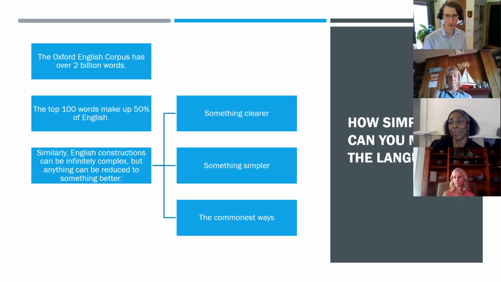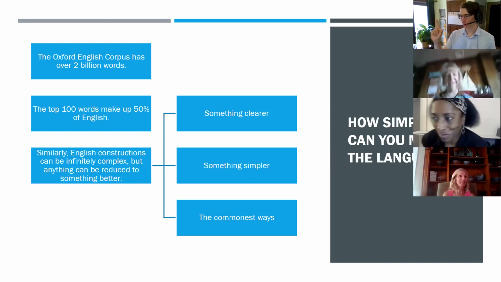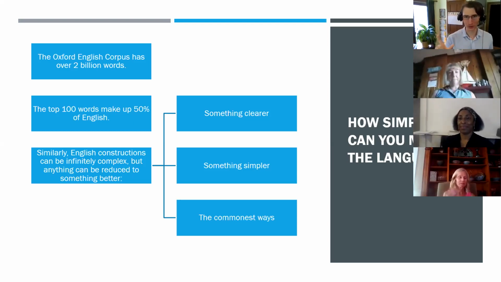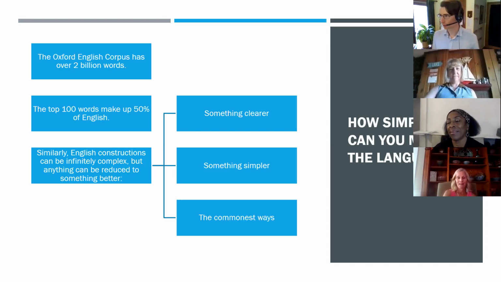Would you say oil cars versus electric cars? Or would you say cars that run on gasoline? What do you think? Internal combustion engines. True. Yeah, so again, we have the commonest way, the way we say it, versus the simplest way. Cool.